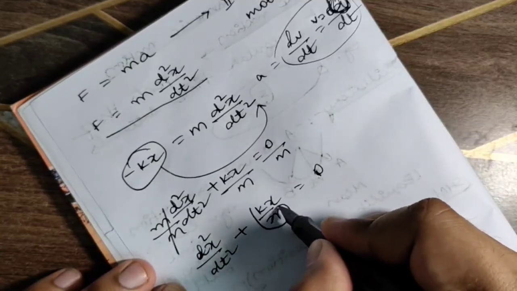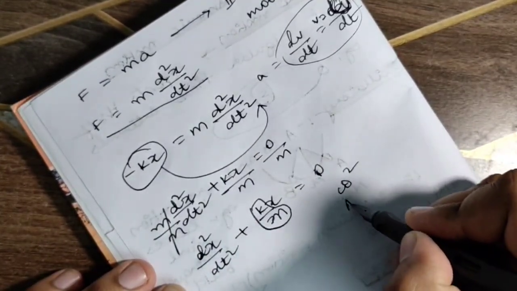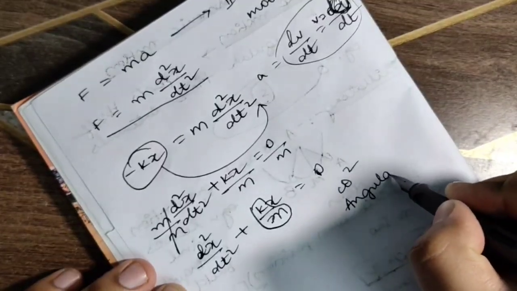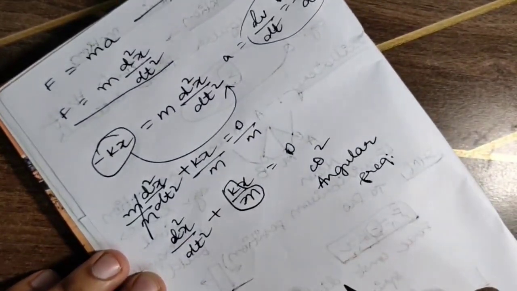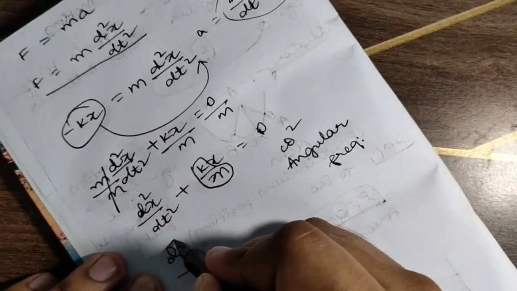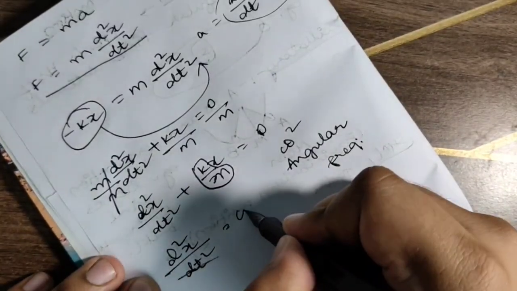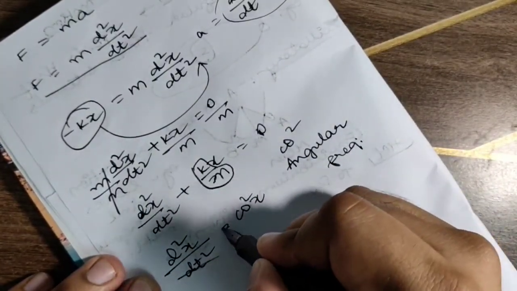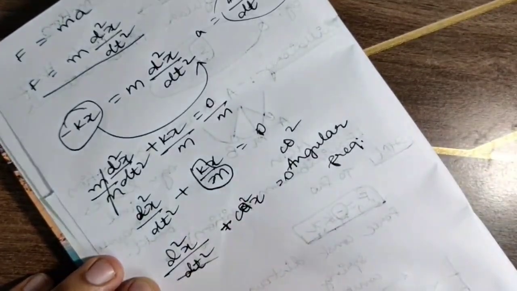Now k by m is actually equal to omega square. Omega is angular frequency. So d square x by dt square plus omega square x equals 0.